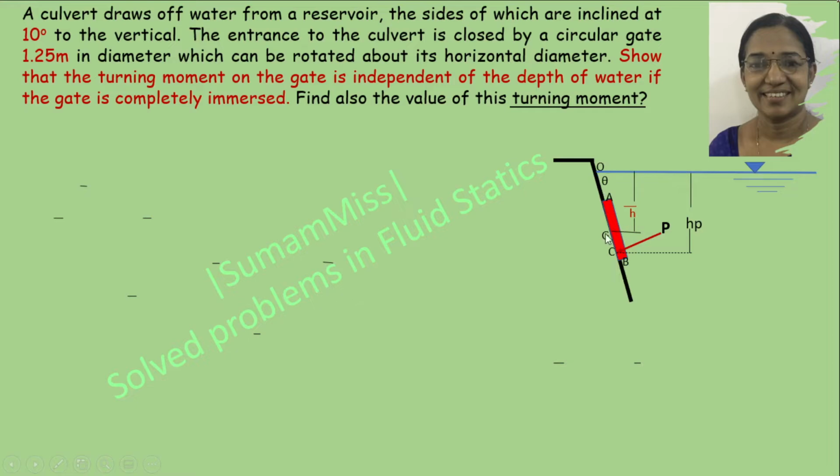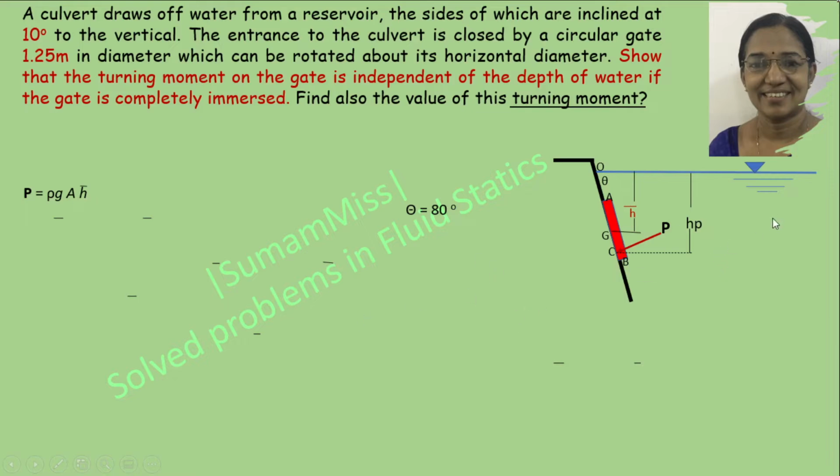G, the centroid of this circular gate, is at a distance of h bar from the free surface. Total pressure P acts at the center of pressure, which is below the center of gravity of this gate, at a distance of hp from the free surface. Since this wall of the reservoir is inclined at 10 degrees to the vertical, theta equals 80 degrees. So the total pressure acting on this plate is rho g into A into h bar.